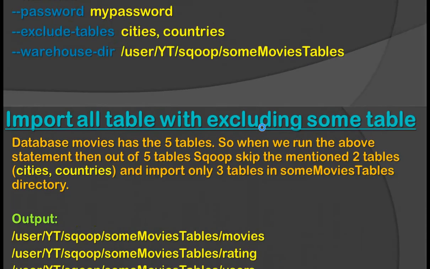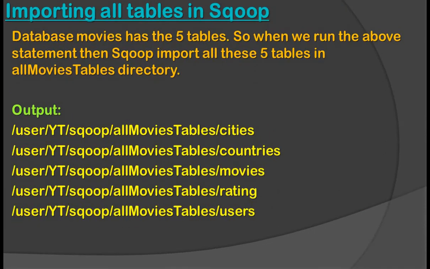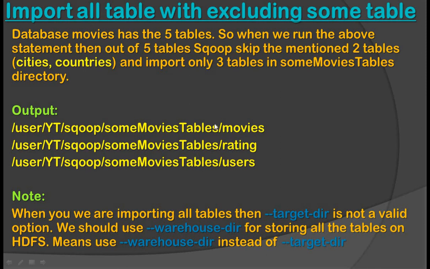As we have seen, earlier we imported all 5 tables, but here we only imported 3 tables. We excluded 2 tables. This way you can exclude any number of tables. It is a good way if we do not want to import all tables, then we can exclude some tables as well.